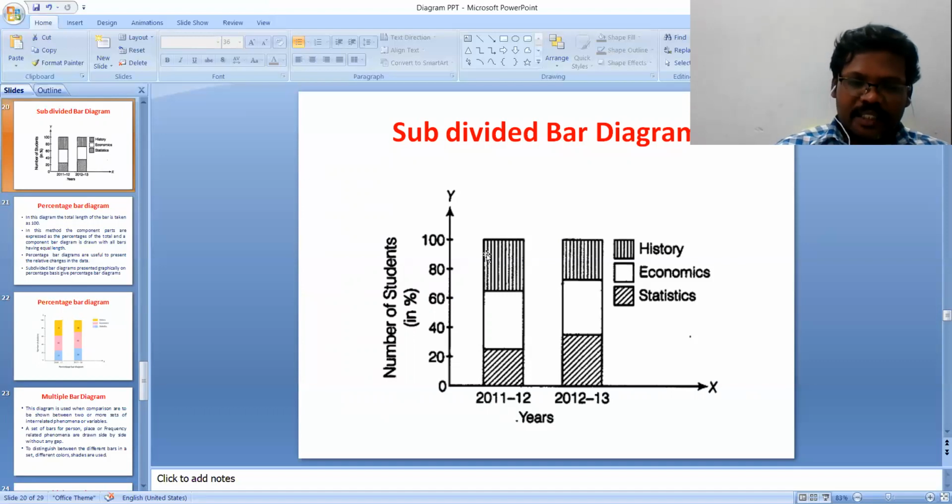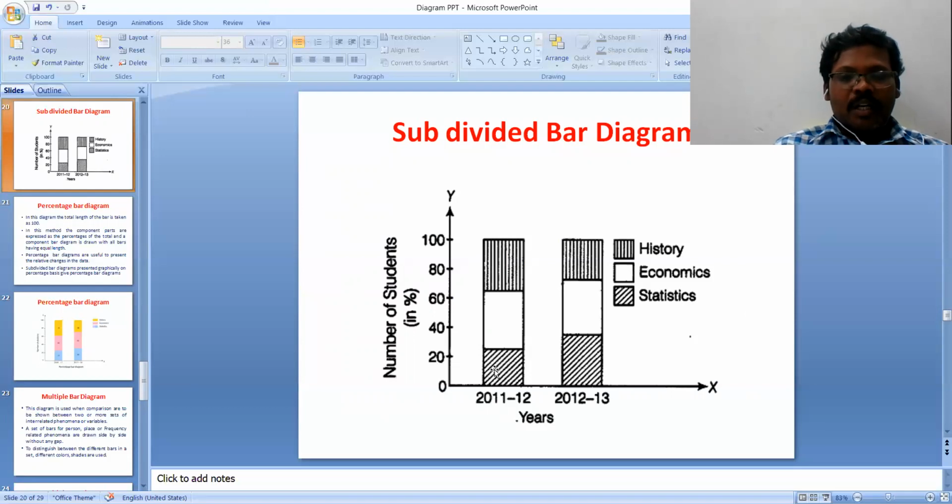That's why each and every subset we are going to show in different shades or different colors. This is history, the vertical lines area is for the history students. The white color area shows the economics. This cross lines area explains the statistics. We can use other colors too.